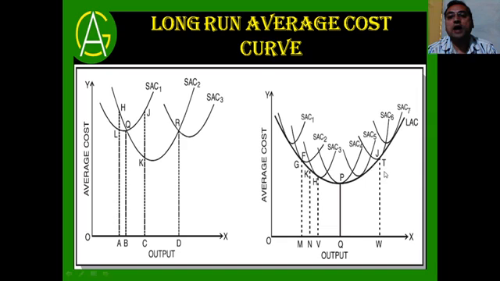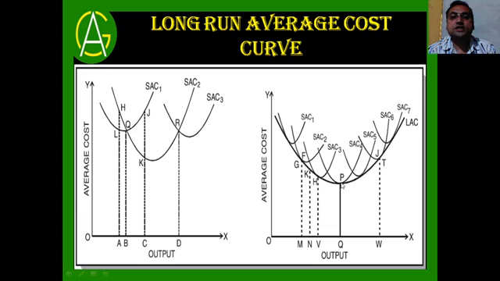Here at point P, long run average cost curve is minimum, and at that point short run average cost curve is also minimum. So the minimum point of short run average cost is a tangent to the minimum point of long run average cost curve. This is considered as ideal plant, and up to OQ level of quantity we have full capacity utilization.